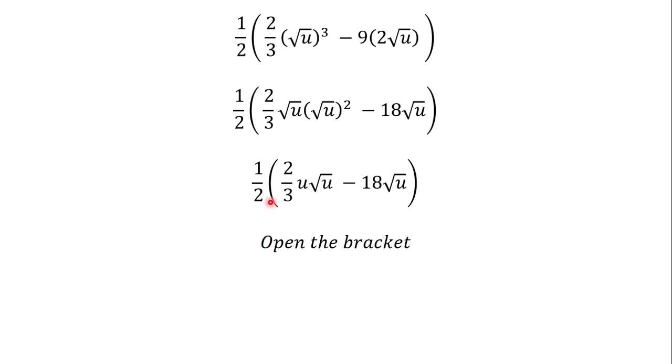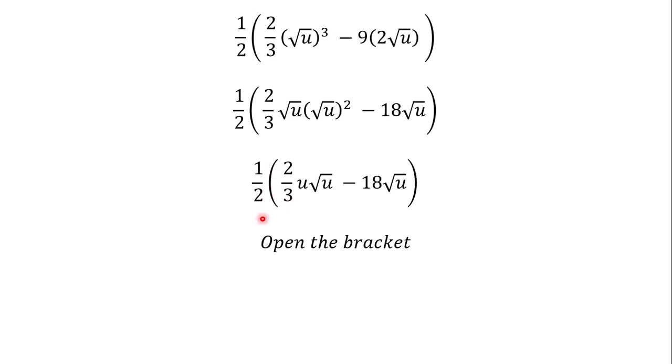When we multiply this half through this, half times 2 over 3 u square root of u, these two and these two will cancel to give us 1 over 3 u times square root of u.